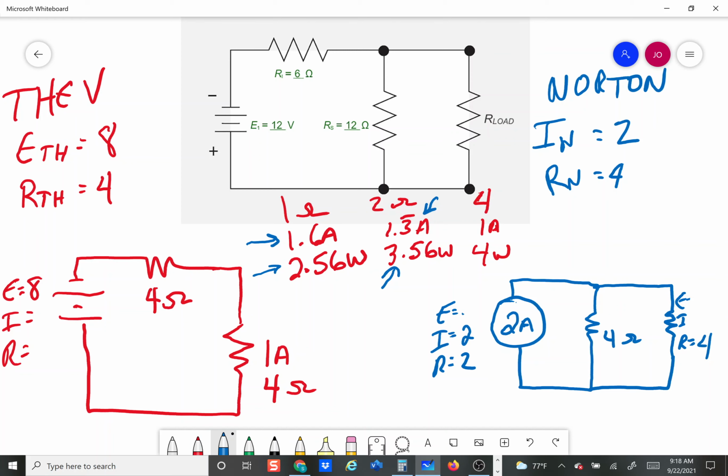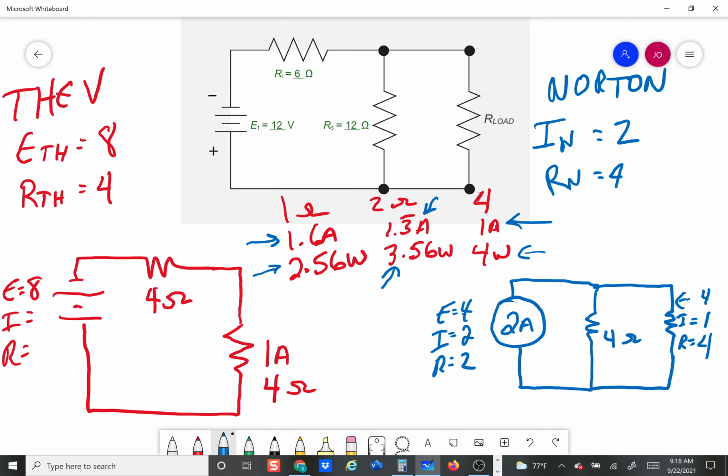And my 2 ohms of our total times 2 amps is going to give me 4 volts. And 4 volts divided by 4 ohms is going to give me 1 amp. And my 1 squared is 1 times 4, which is 4.